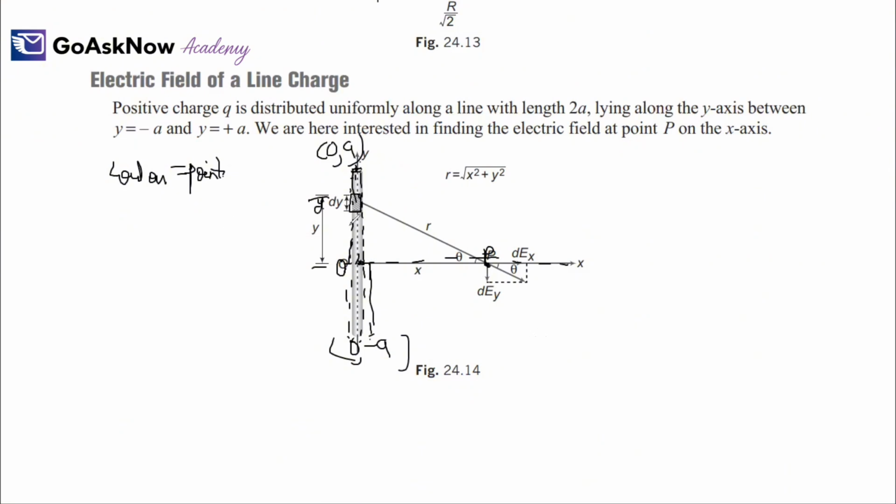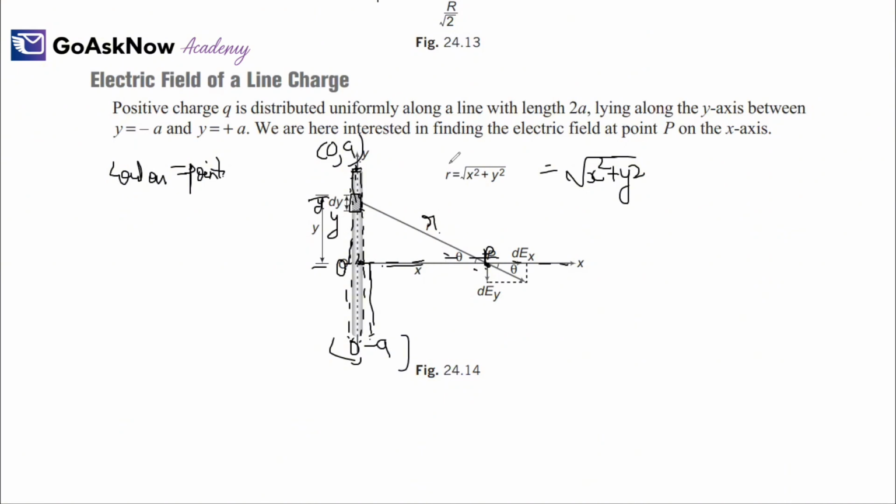We have taken the element dy of this line charge at a distance y, and its distance from point P is small r. What will r be? By Pythagoras theorem, r is root of x square plus y square.